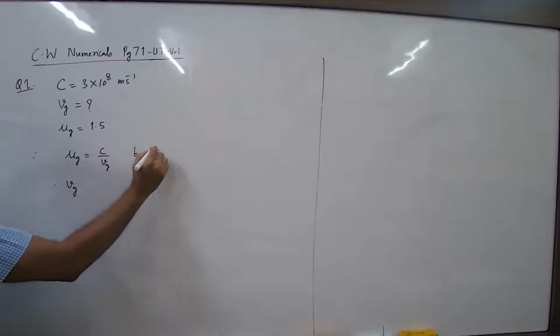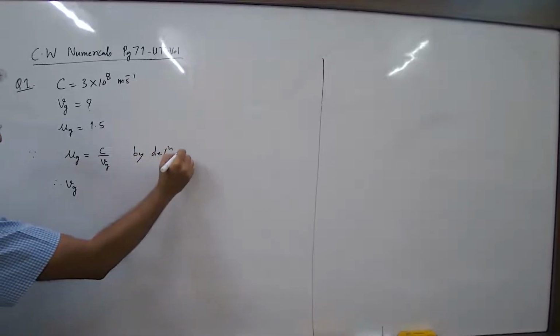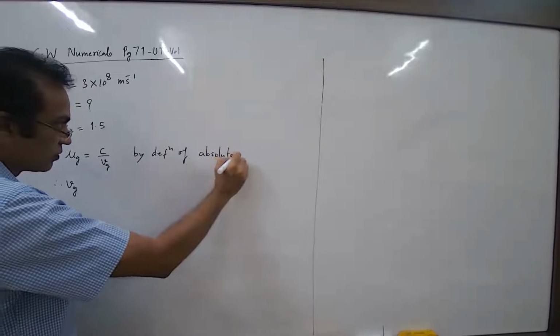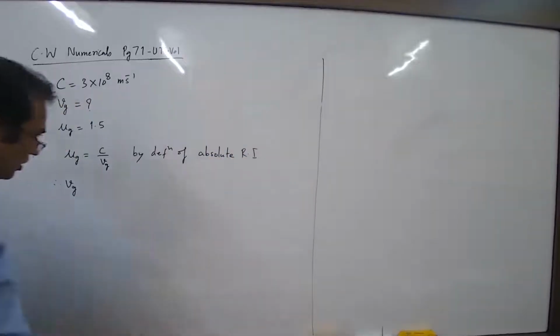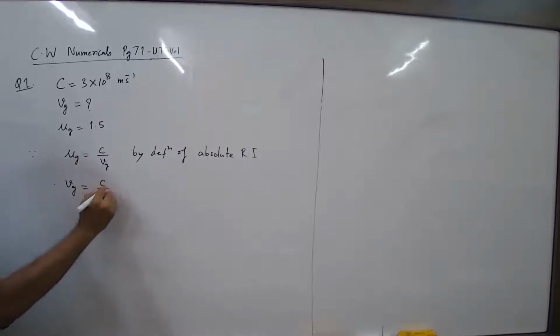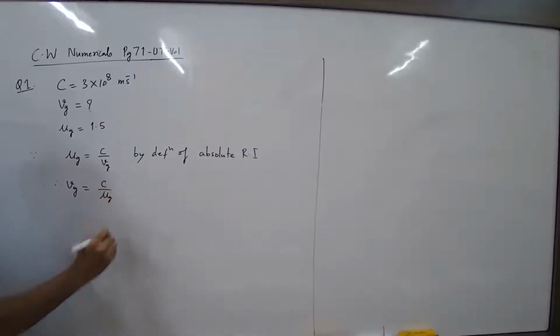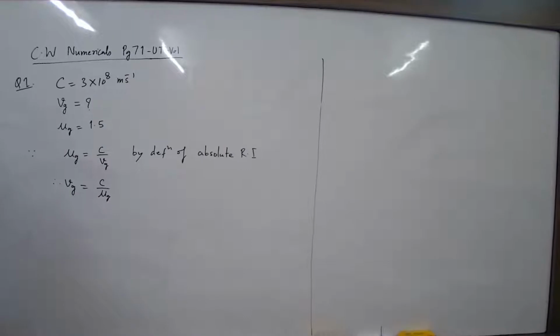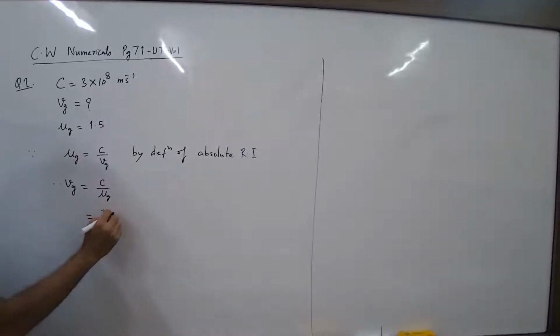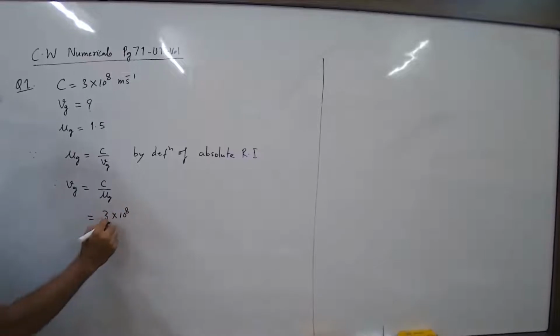This is by definition of absolute refractive index. Already covered in theory, so this will be c by refractive index of glass. How much is this?